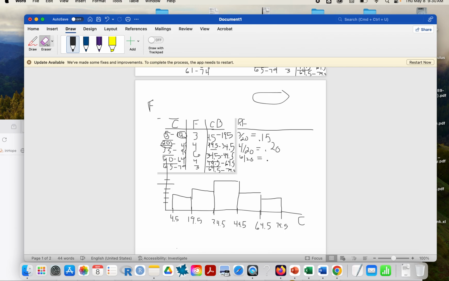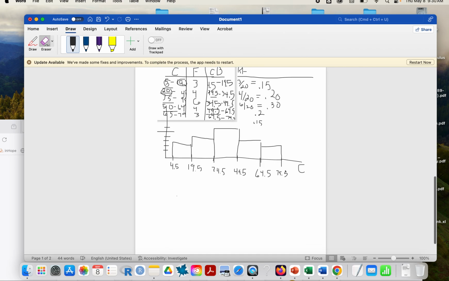Yeah, it's 0.3. And then it'll be 0.2, and then it'll be 0.15. All right, so those are our relative frequencies.